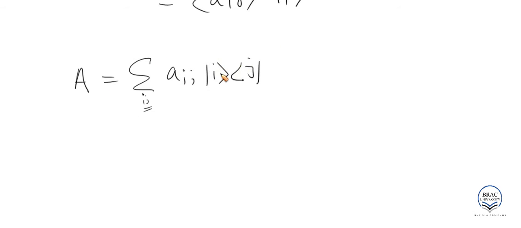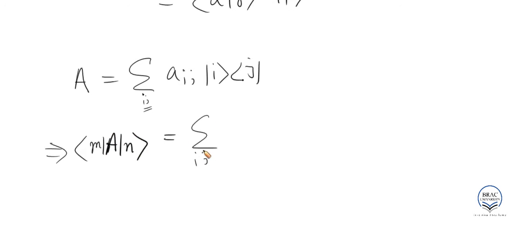Also note how we represent any element A_ij. Let's say I want to know the mth component, that is the mth row and nth column. If you do that, instead of i and j here you will have m and n, and note that these m and n are also bases as well.